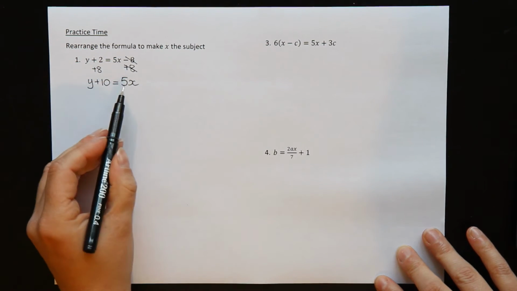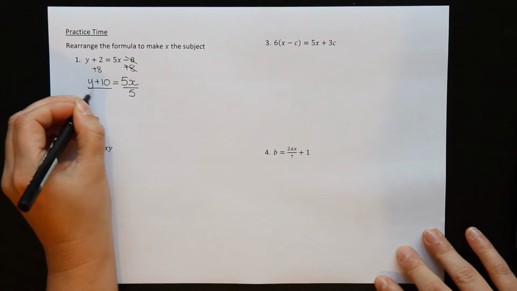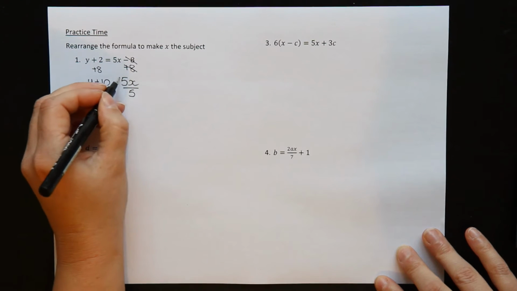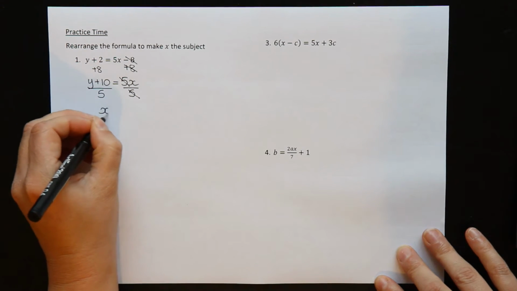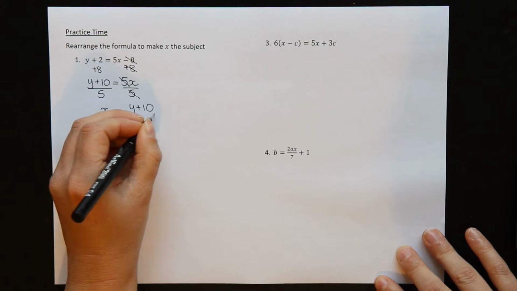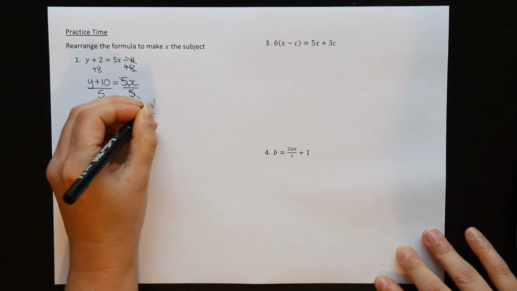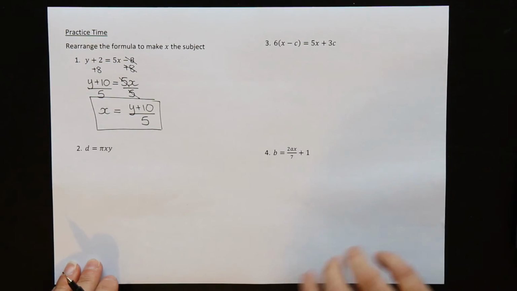Now I get rid of this 5 by dividing by 5. The 5 is gone from here, and I'm going to put the x on the left hand side. So x is equal to (y plus 10) over 5. There it is.